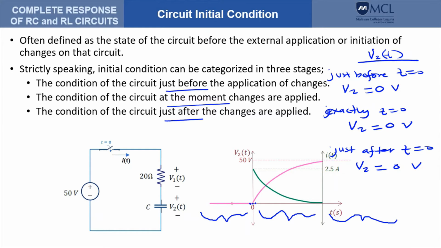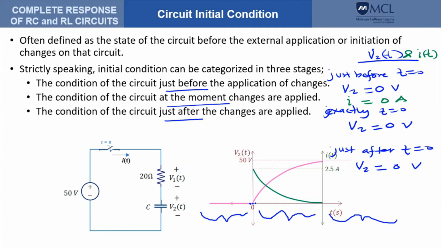Now for the current, just before t equals 0, the current through the capacitor or through the circuit is also equal to 0.